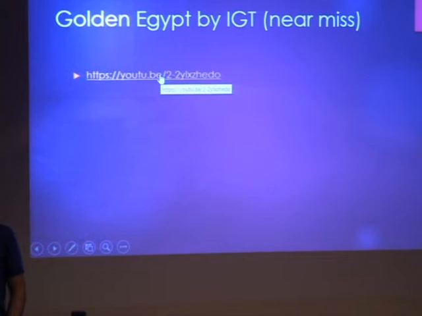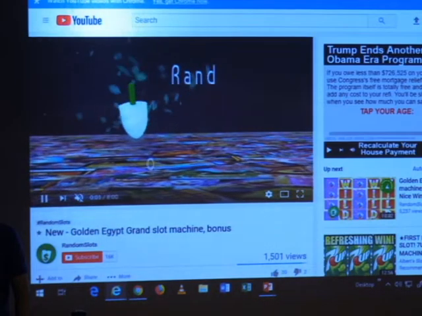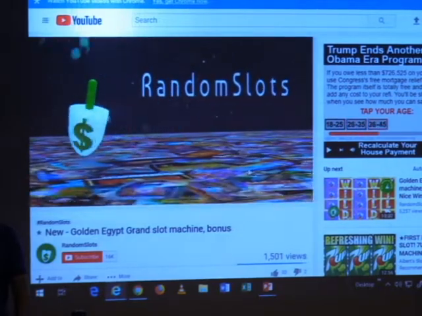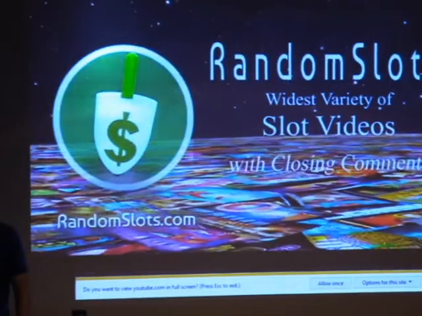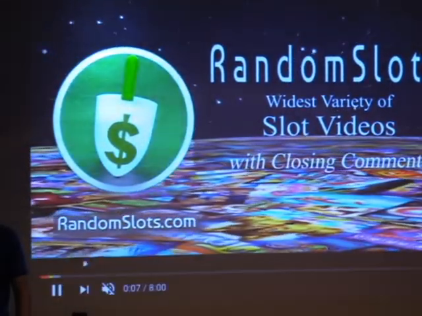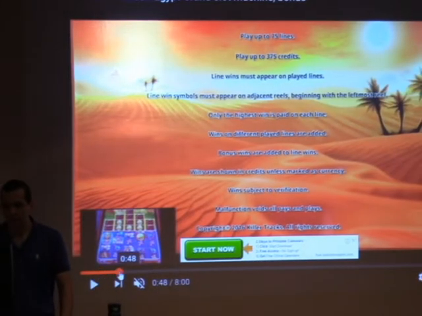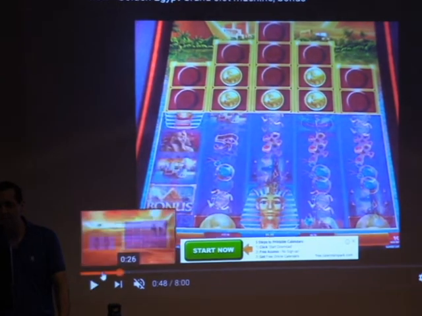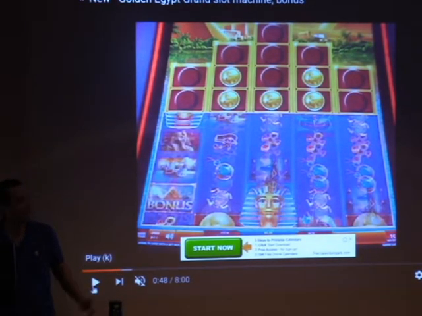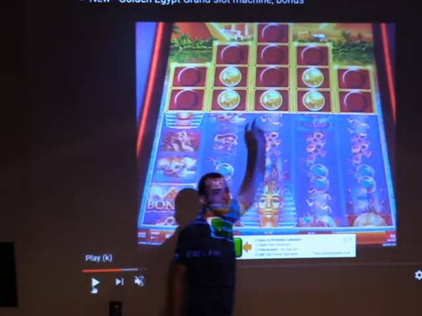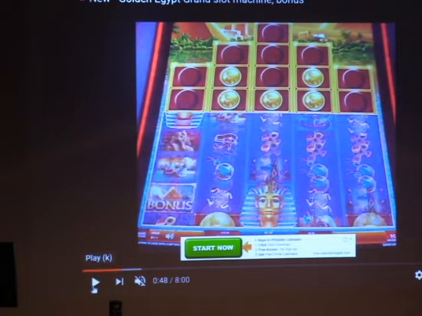So this is actually one of the most popular games that was done fairly recently. This is actually the sequel to it. I believe I put in the sequel, not the original. It's called Golden Egypt by IGT. And the way this game works is, you see those coins? There are coins above the reels, and the coins are wild.